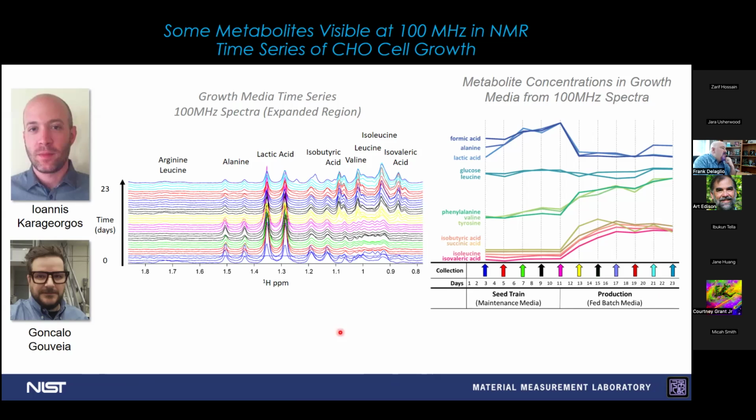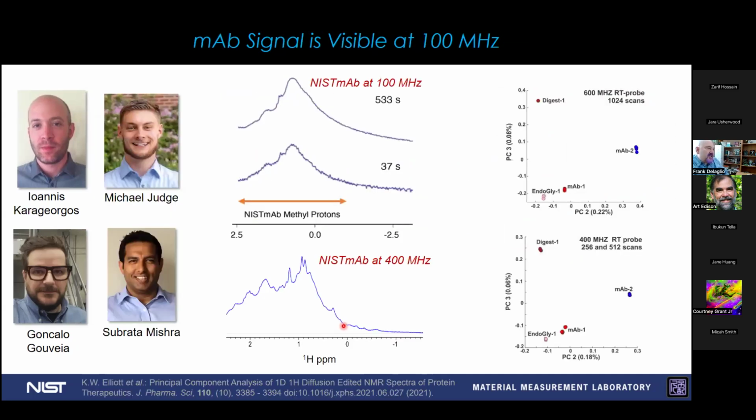And I'm pretty sure we'll be able to almost double that number when we look a little more closely over time. Another interesting thing, which is a little bit unexpected but exciting, is at 100 megahertz on these benchtop instruments, we can also see a signal from the monoclonal antibody itself.